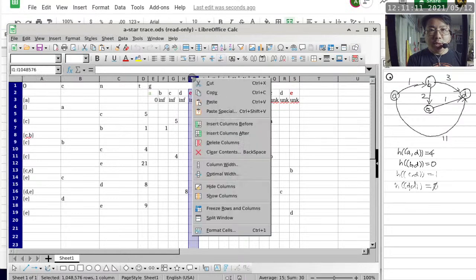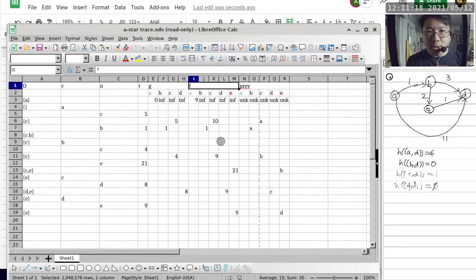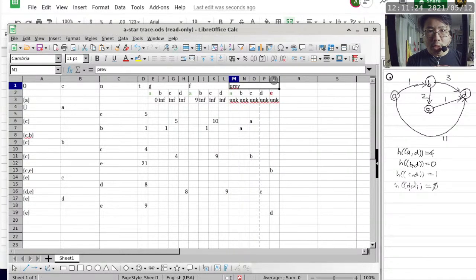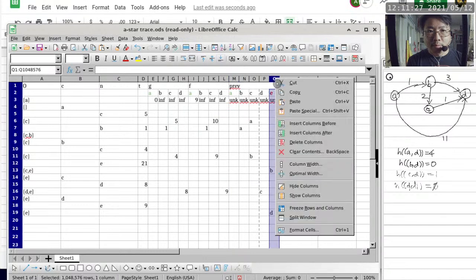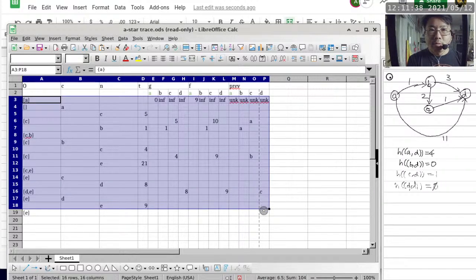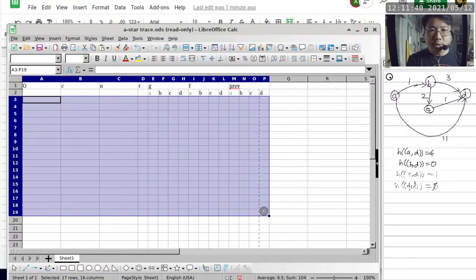So let me see if I can just remove a column, even though it is already merged with one of the cells. So we'll go delete columns. Yep, okay, that works. So I'm going to remove this one too, and also this one over here. There we go. And now we can go back and redo the initialization. So we're going to remove the content of all of the cells, and we're going to start from scratch.